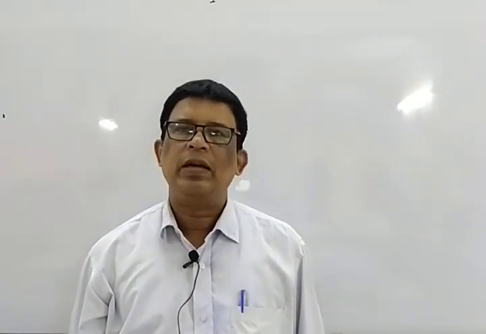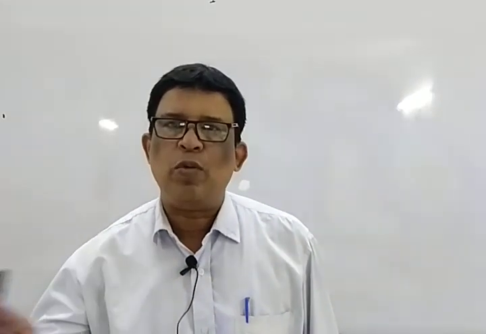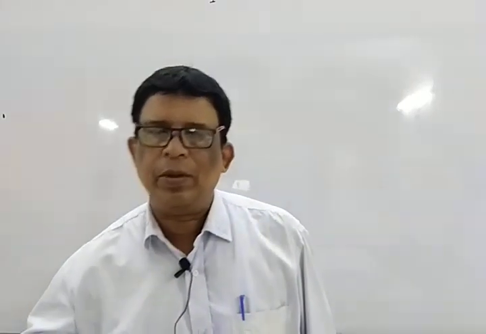So today, in class 3 of this chapter, I'll try to give a little idea about the IUPAC recommended nomenclature. IUPAC is the International Union of Pure and Applied Chemistry.